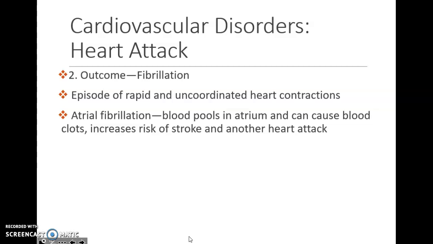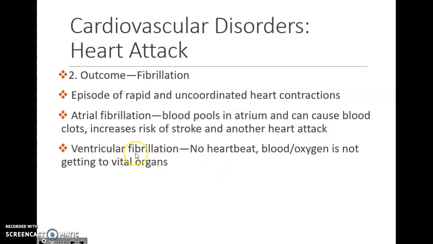So it pools there and it can cause a blood clot. And we know that blood clots can block blood vessels. So if it blocks a blood vessel in your brain, you have a stroke, and that's bad. And if it blocks a blood vessel in the heart, you're more likely to have another heart attack, and that's bad.